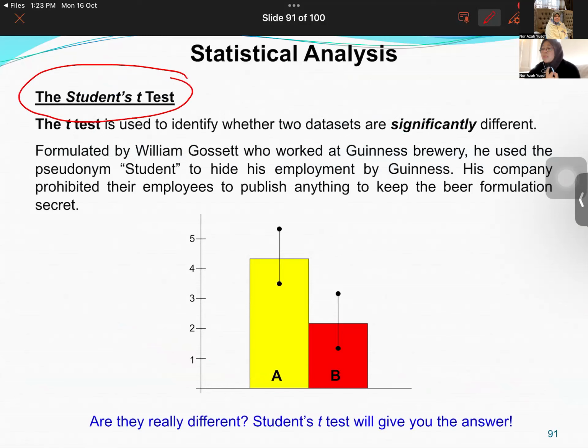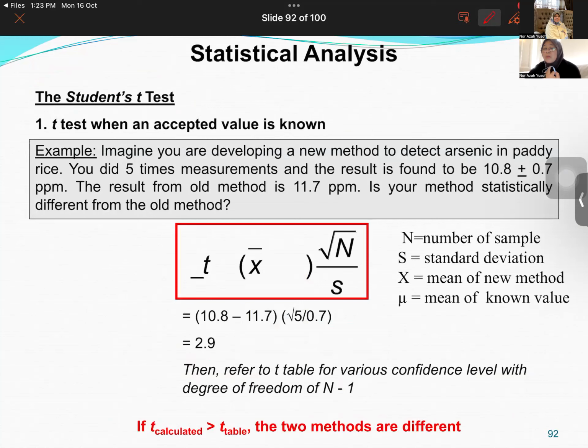Students' t-test will tell you, in terms of accuracy, how good your data is with regards to the acceptable value. Sometimes it is named acceptable value, sometimes reference value, true value. There are so many names.